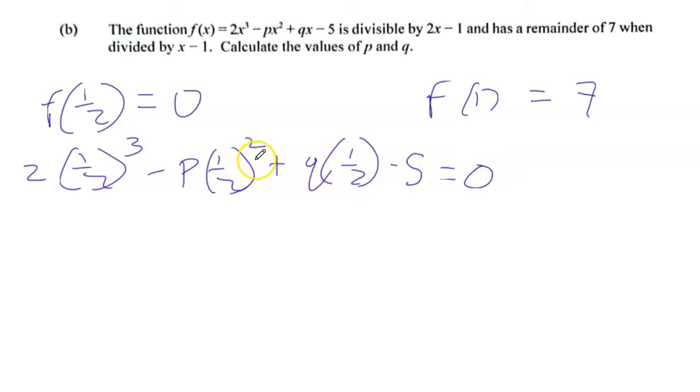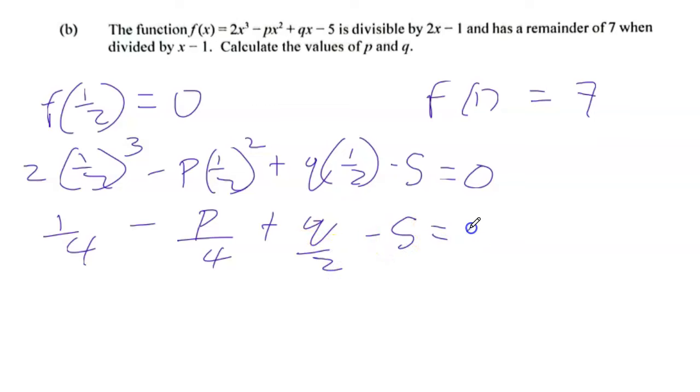That's equal to 0. Let's see if we can simplify this now. So half to the power of 3, that's half times half times half, that's 1/8. And 1/8 times 2, that's 2/8, so that's a quarter. Minus half squared, that's a quarter, so a quarter p, or p over 4. Half q, or q over 2, minus 5 is equal to 0.